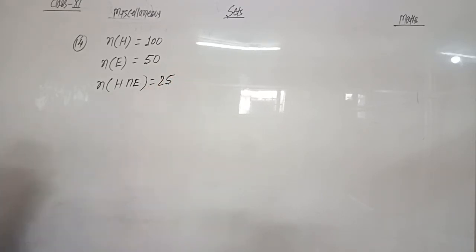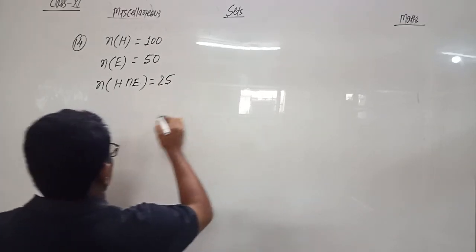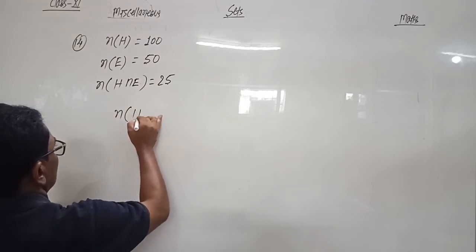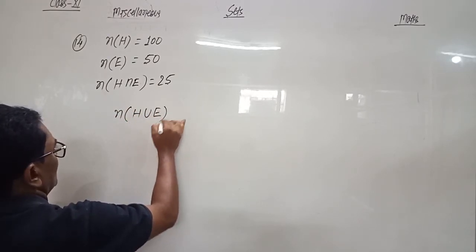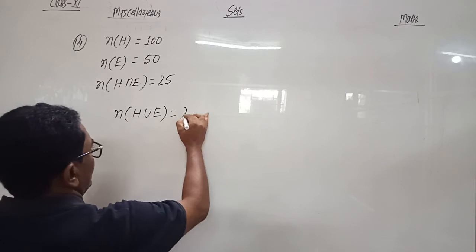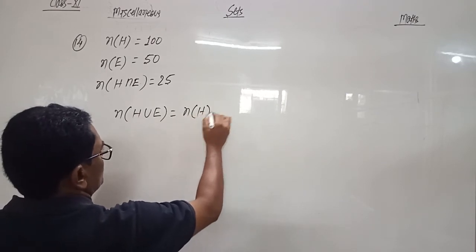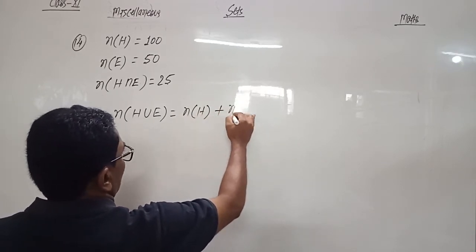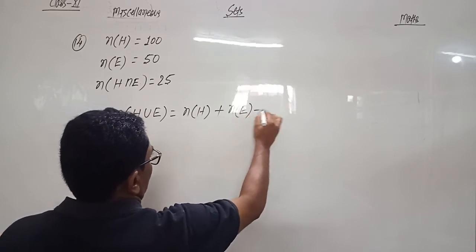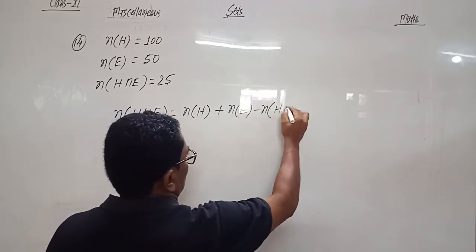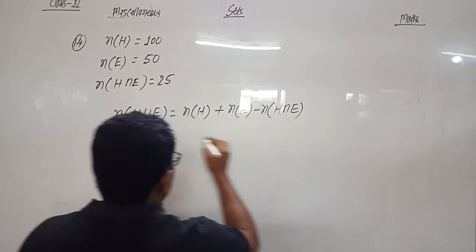Then we have to find how many students are there in the group. Means we have to calculate N of H union E, the total number of students in the group. So number of students who know Hindi plus number who know English minus number who know both subjects, Hindi and English.